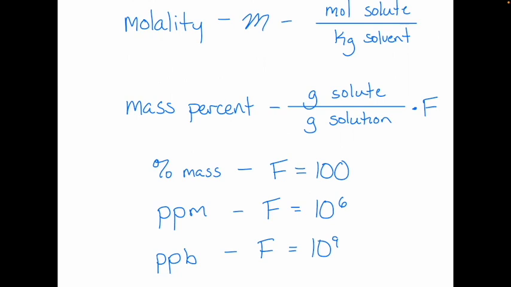F is this constant in our equation here. So you take the grams of solute divided by the grams of solution and you multiply it by 100 if you're talking about percent mass, by 1,000,000 if you're talking about ppm, and by 1,000,000,000 if you're talking about ppb.